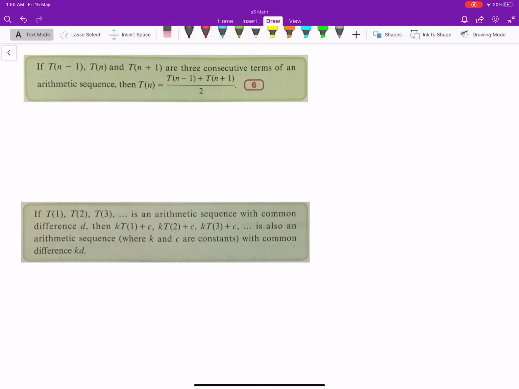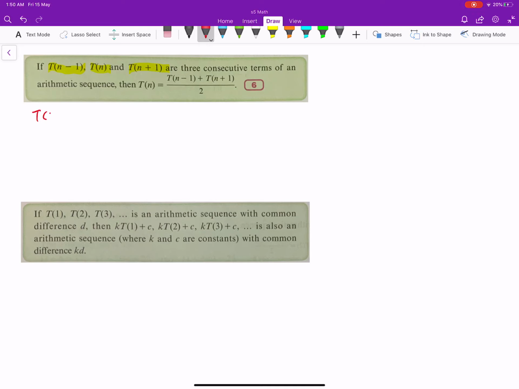Now let's look at the first one. If we have 3 terms, and these 3 are 3 consecutive terms of an arithmetic sequence, then Tn is equal to this one. Okay, the sum of the first one and the third one, and then over 2. So here basically you just make use of the common difference concept.